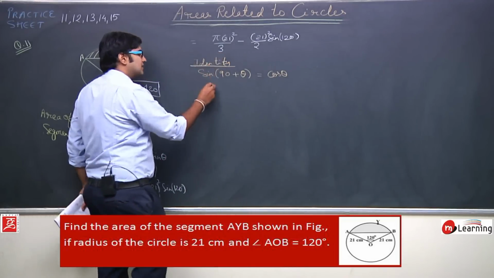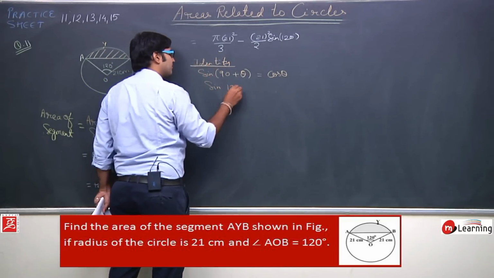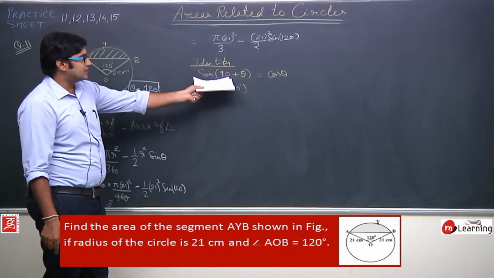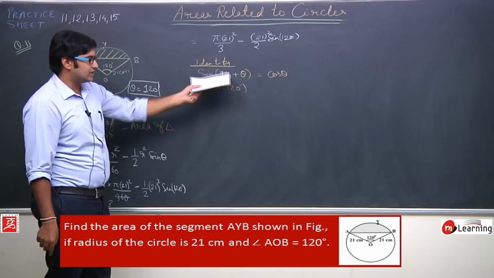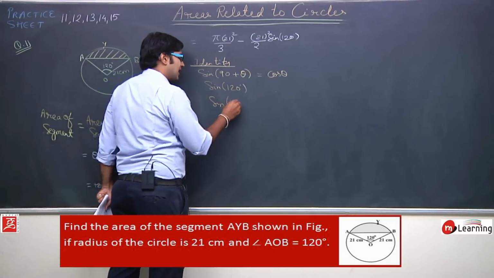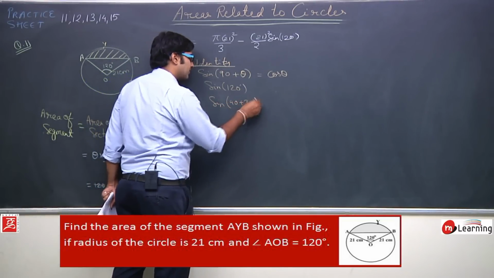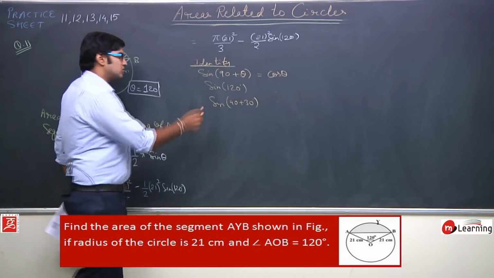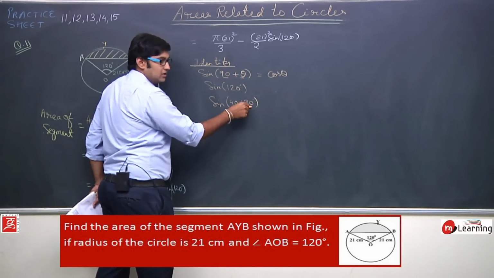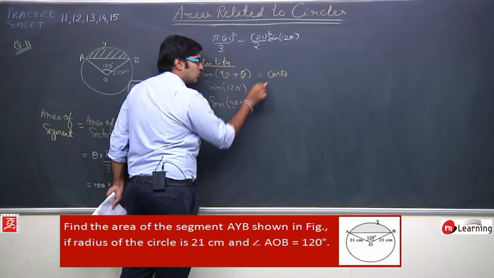So, what I have is sine of 120 degree. Now, how can I write sine of 120 in this notation? I can write it as sine of 90 plus 30. So, sine of 90 plus 30, where 30 is theta, is equal to cos theta.